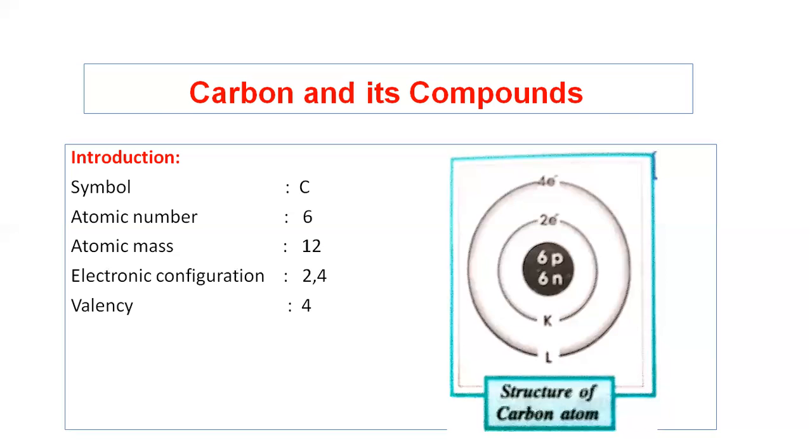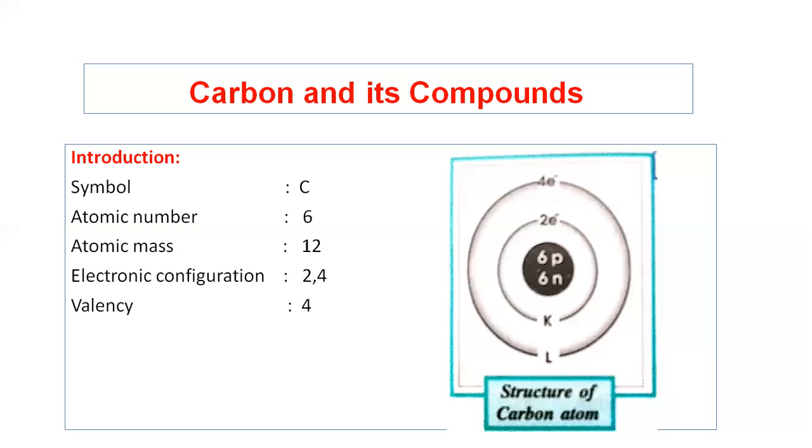Carbon is a nonmetal. It has a valency of 4. It cannot form ions under normal conditions. This is so because for a carbon atom, it is neither easy to gain nor lose four electrons in its outer valence shell.